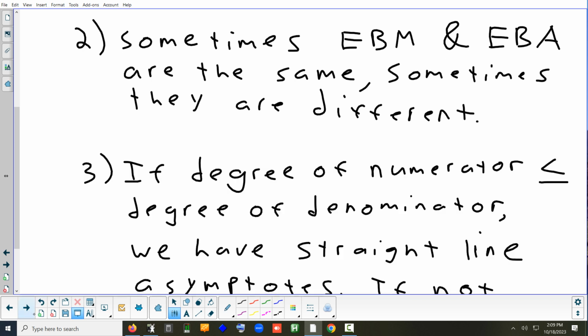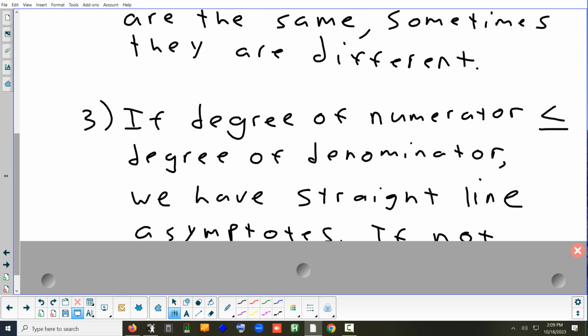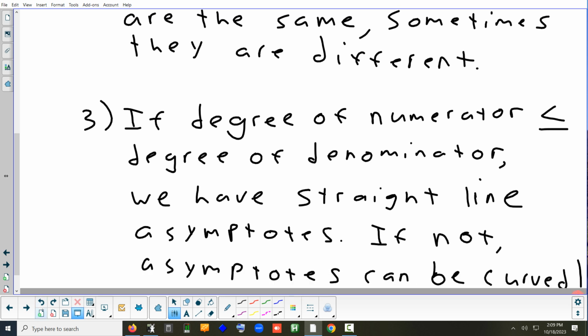Today, when the degree of the numerator is not smaller, when the degree of the numerator is bigger, the asymptotes can start to curve. And that's what that red one was that I showed you. So when the degree in the top is smaller, you always get straight line asymptotes, verticals and horizontals. You can still get verticals today. Those don't go away. But the horizontals are going to go away.